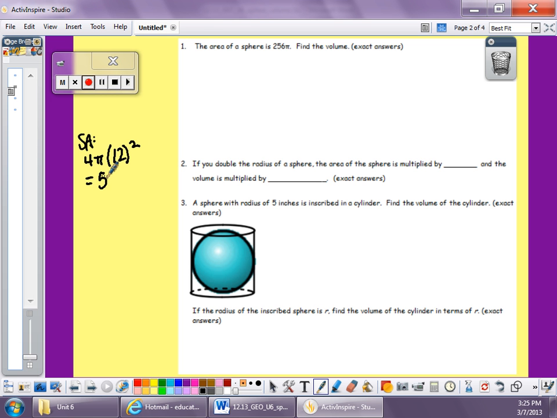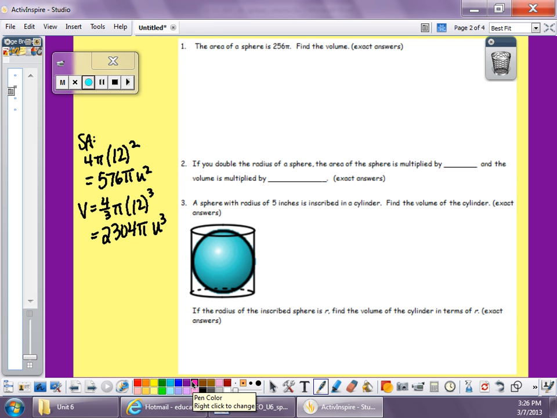That would have given you 576 pi. And for the volume, you would have done 4/3 pi 12 cubed, which would have given you 2,304 pi. This is units cubed and this is units squared. Alright, so let's go ahead and go into the next one.